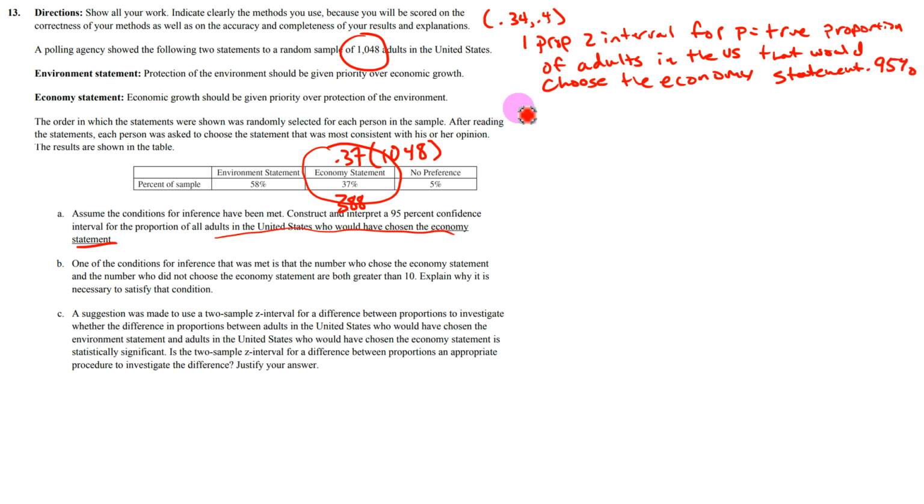Again, I'm going to go ahead and do the conditions. Random: stated. 10%: 1048 is less than 10% of all adults in the U.S. Sorry, my little thing here won't move.